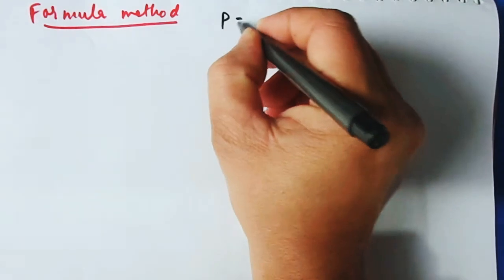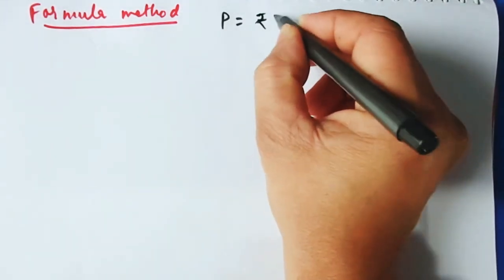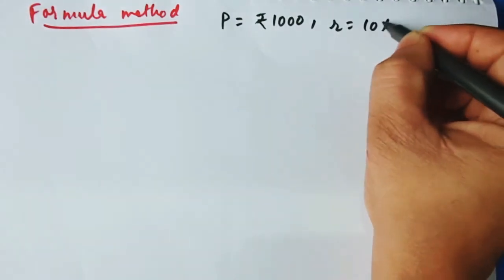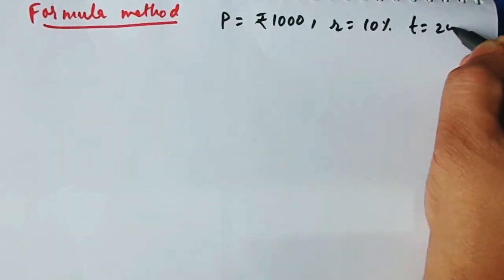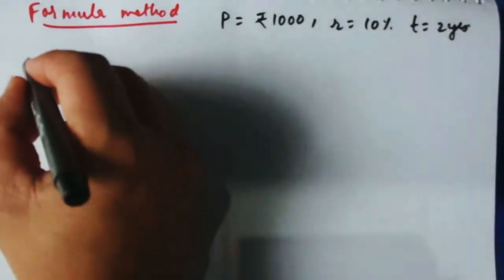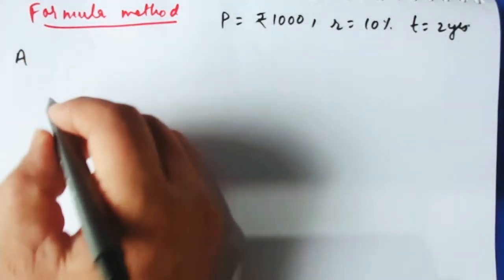So in the formula method, if your principal is equal to rupees 1000, your rate given is 10%, time is equal to 2 years, then how do you find the amount in one go only?